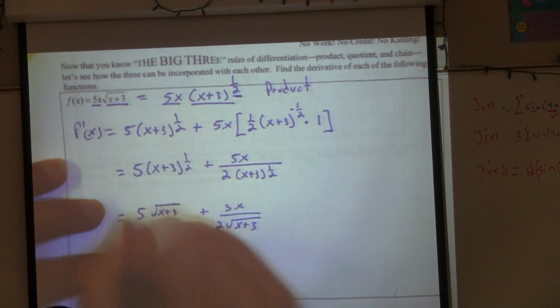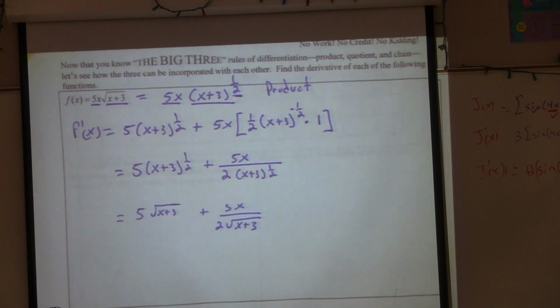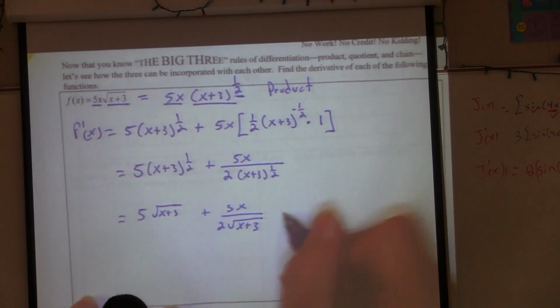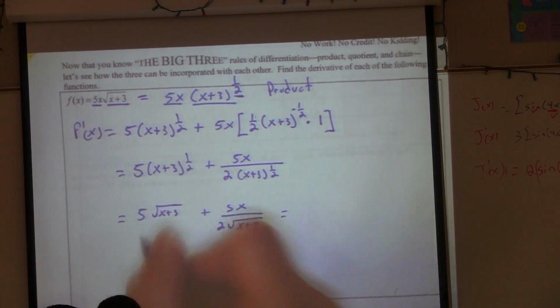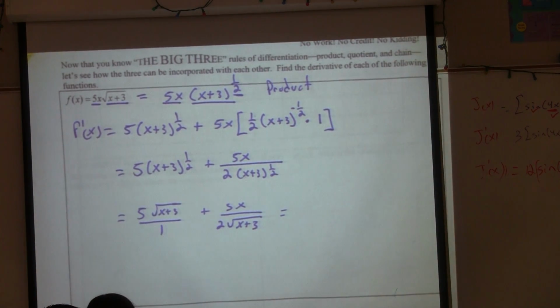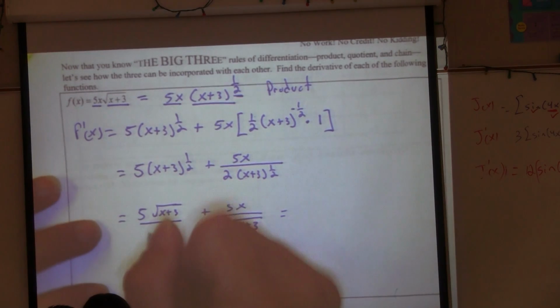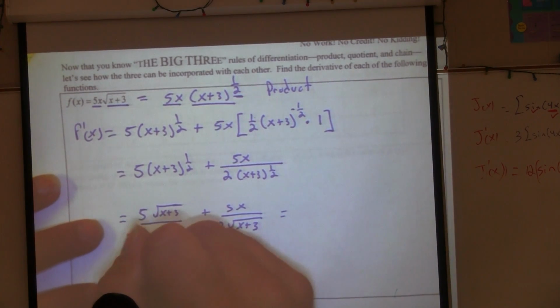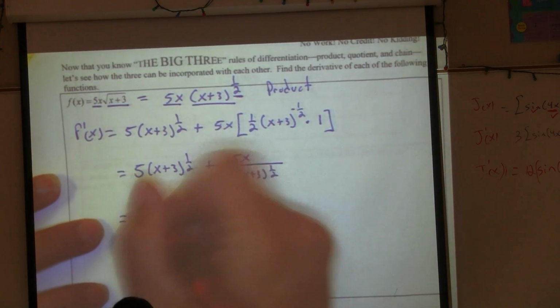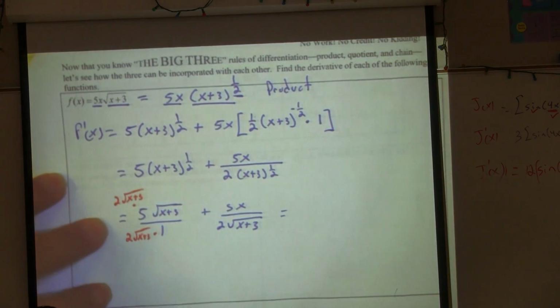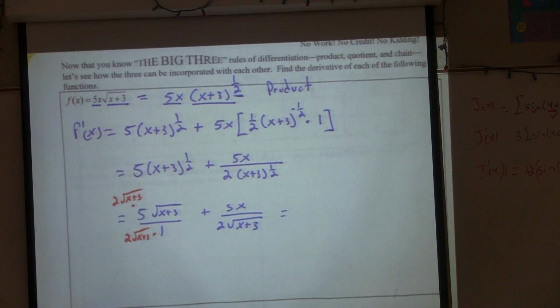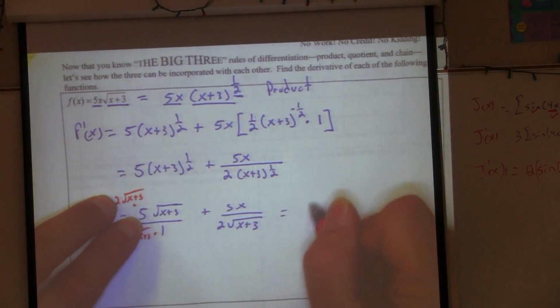Should we go further and get like a common denominator? What do you think? Yeah, because the answer wouldn't look like that. So what would be my common denominator? So I need to multiply the bottom by 2 radical x plus 3 and also the top by 2 radical x plus 3. Right? So what's 2 times 5, because outside multiplies with outside? 10.